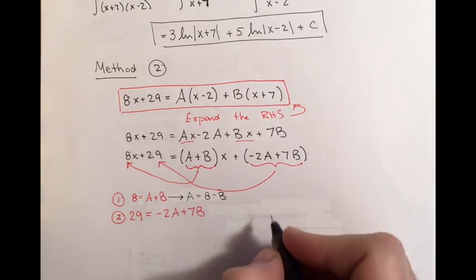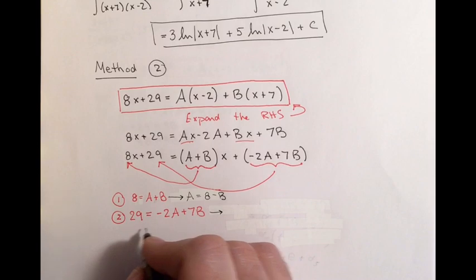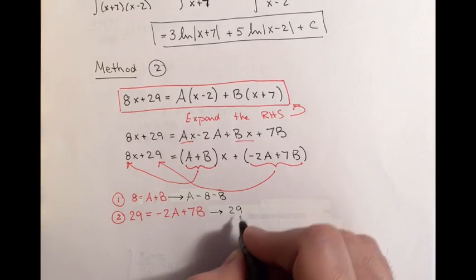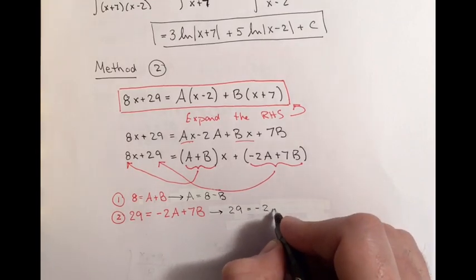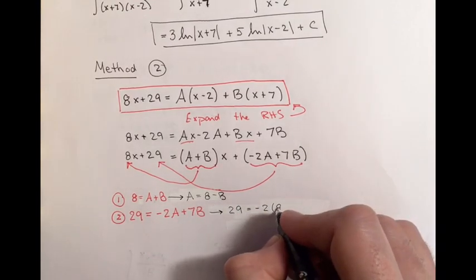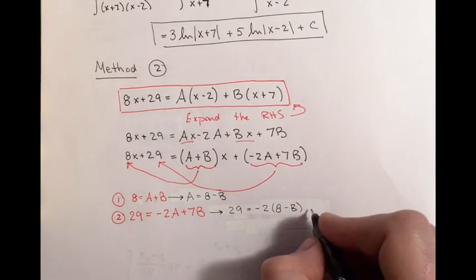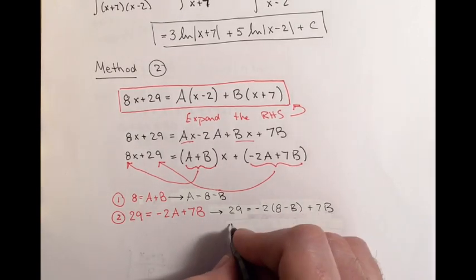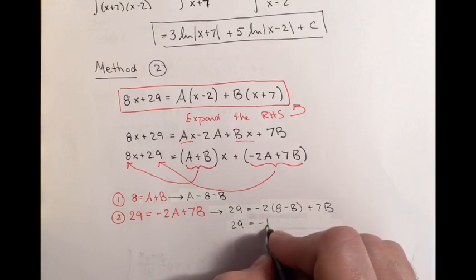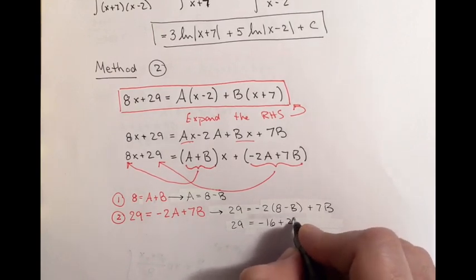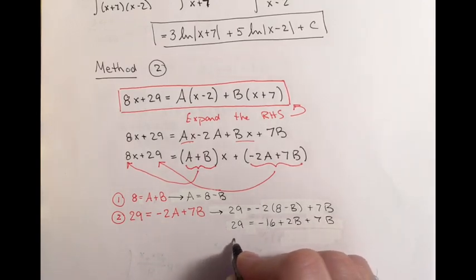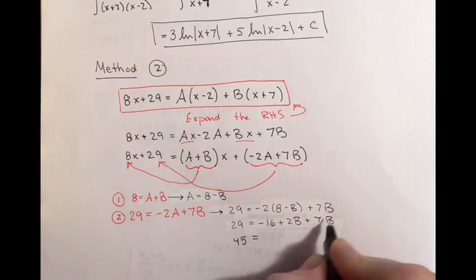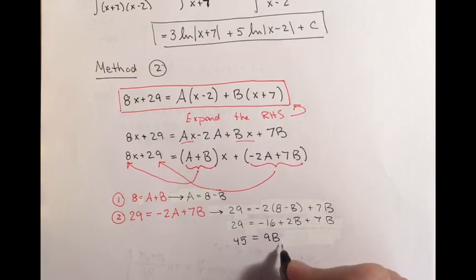We can use that, plug it into the second equation, and we now have that 29 on the left-hand side is equal to minus 2 times a, where a is 8 minus b, plus 7b, and so 29 is minus 16 plus 2b plus 7b, and so really bringing this over to the other side, we get 45 is equal to 9 times b, which means that b is equal to 5.